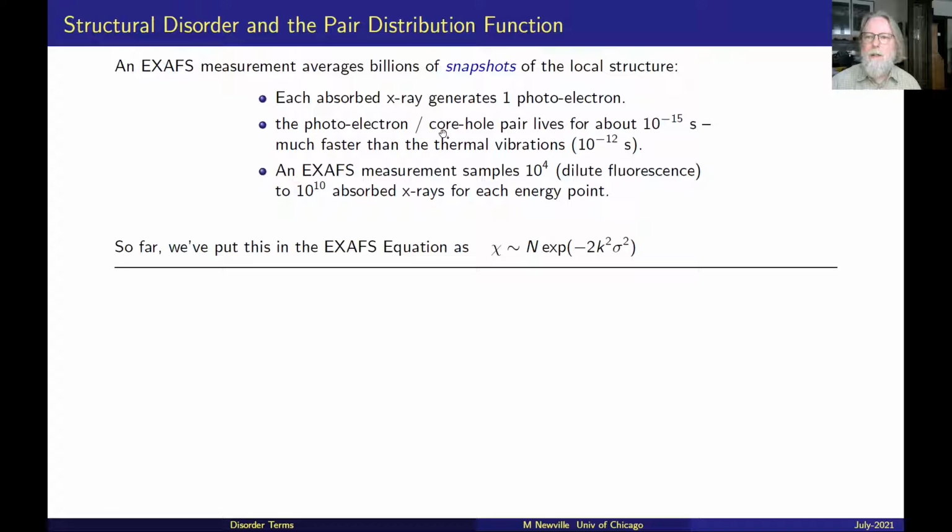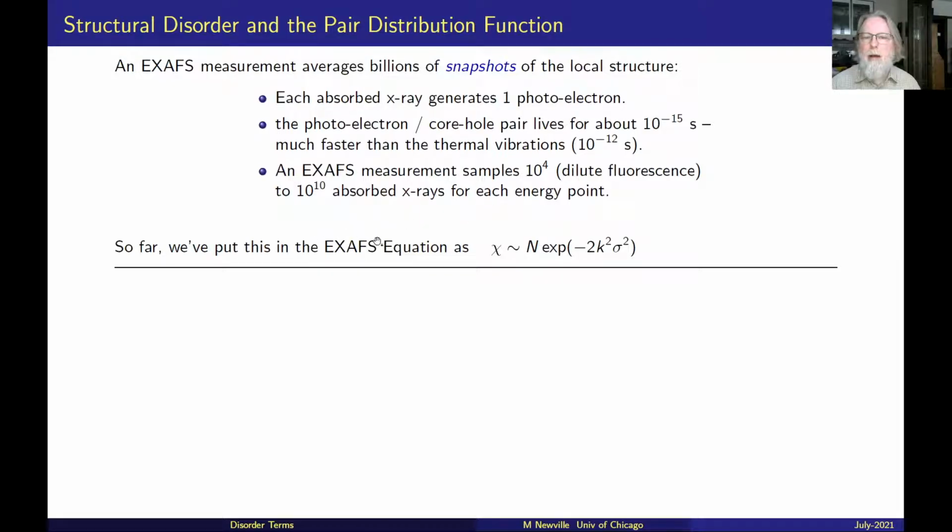That photoelectron lives for about a femtosecond, much faster than the thermal vibrations of the sample. So each event sees a snapshot, and then we average over those snapshots.